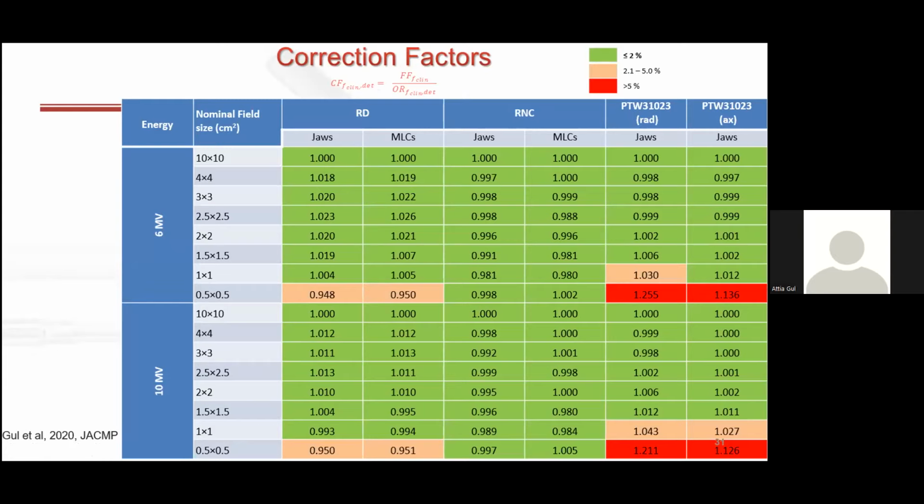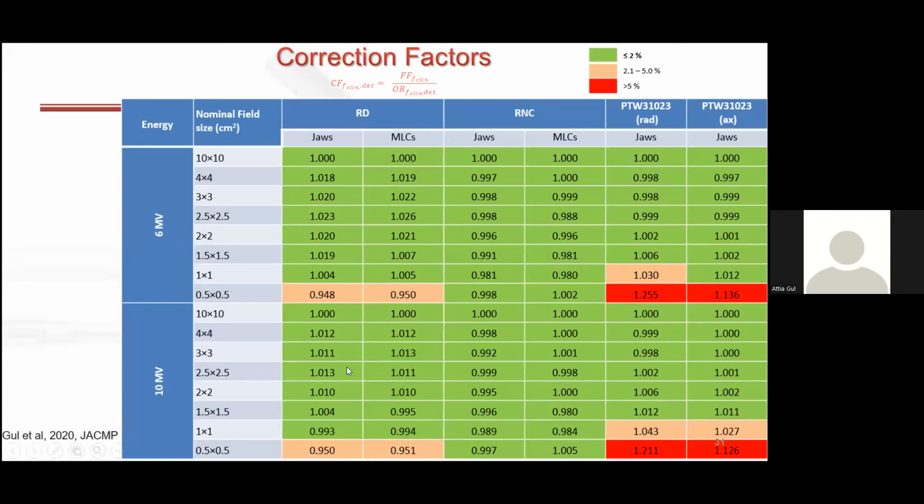So this table provides correction factors for different detectors, including razor diode, razor nano chamber, and PTW pinpoint chamber in radial orientation and in axial orientation. Actually, for 31023, its correction factor is not available in TRS 483 because it is the new pinpoint detector with improved geometry.